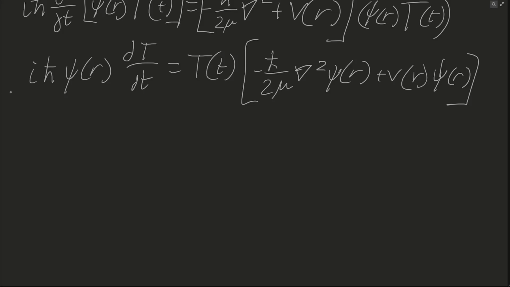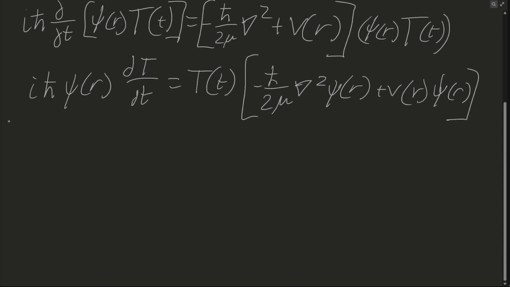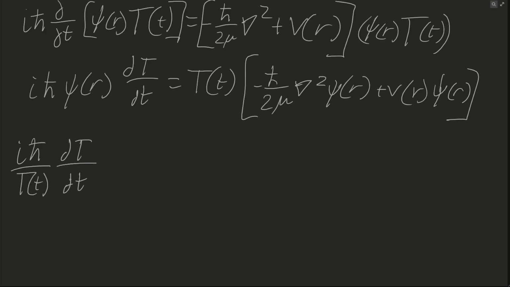If we divide the entire equation by our original wave function, we get i h bar over T of t times dT/dt is equal to that whole expression, which I understand I might be able to copy and paste. Let's see if... Oh, it's not happy. Oh no, it's happy. Am I still recording? No, we're okay. Good.